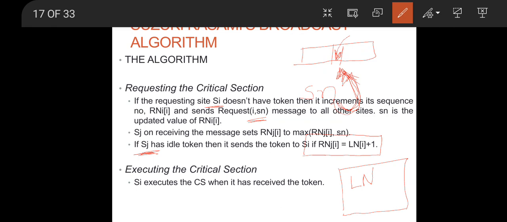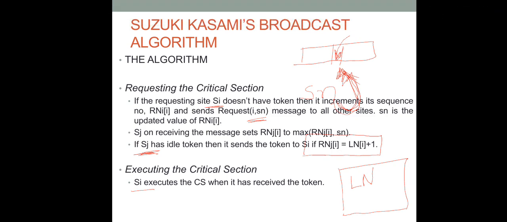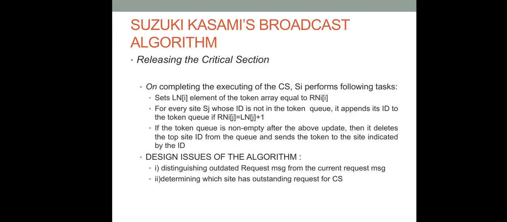Now executing the critical section is very simple in a token based algorithm: a site will be allowed to enter the CS if it has received the token.